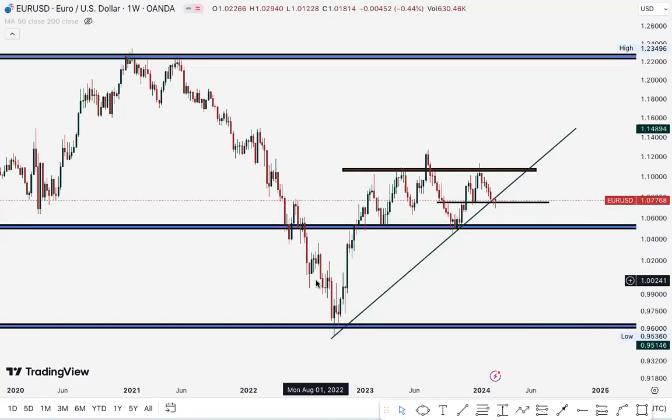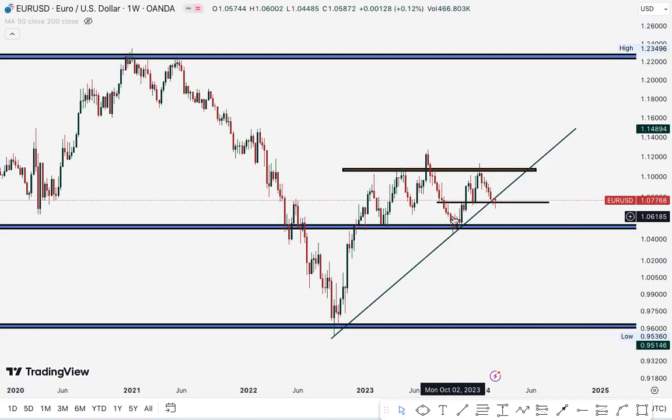Okay, so for every impulsive move, there is a resultant consolidation. Say for instance that the market has trended like this for maybe 2, 3, 4, 5 months, you should expect that the pullback or the consolidation should last at least 2 months. Because the market only trends for 40% of the time.